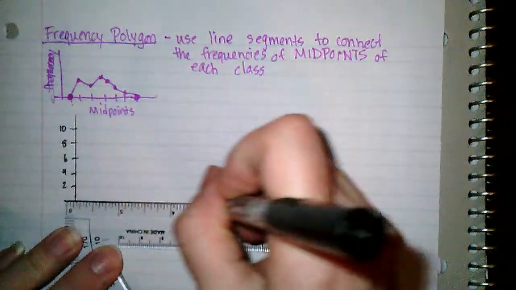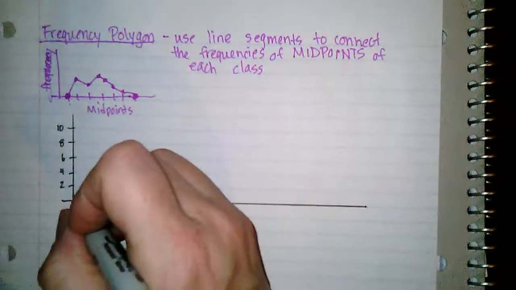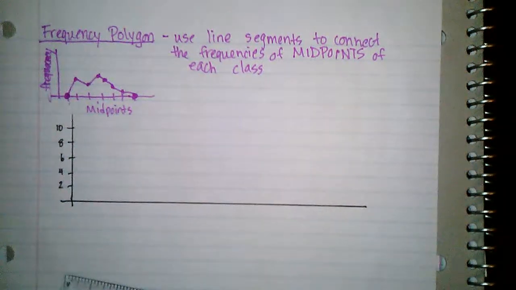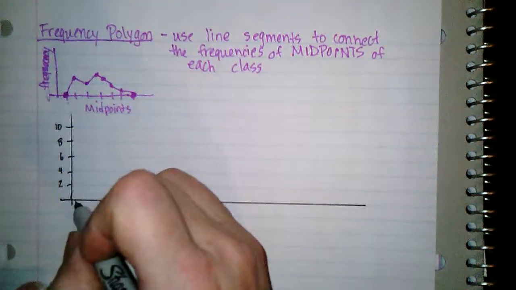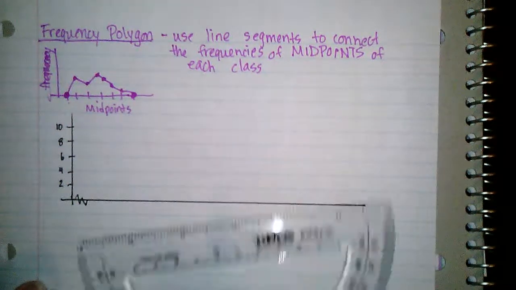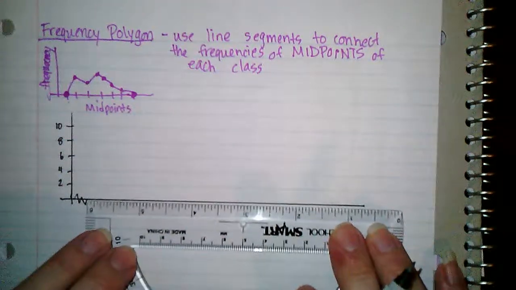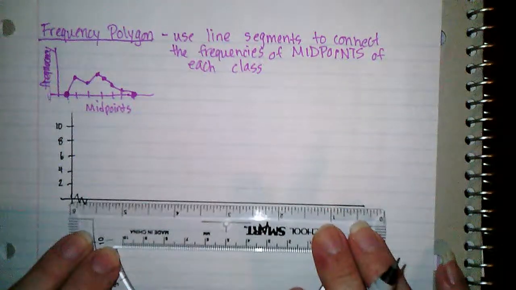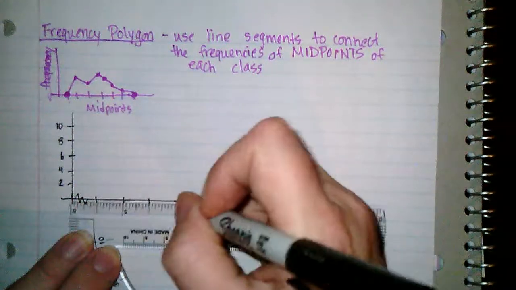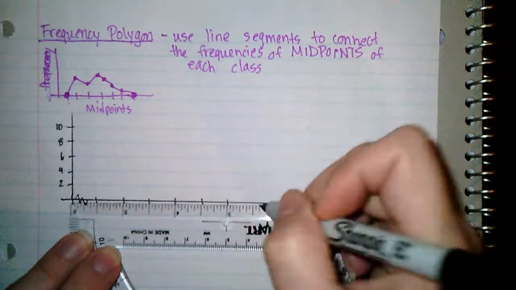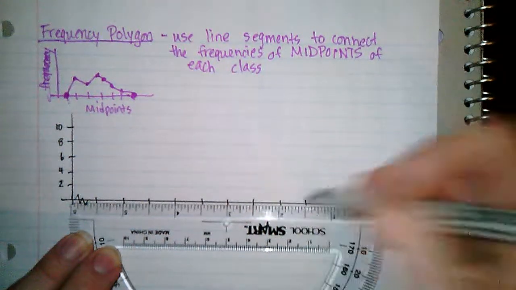Now, since we had 7 classes, we had 7 class midpoints. But remember, we have an extra at the beginning and an extra at the end. So we are going to need 9 tick marks. 1, 2, 3, 4, 5, 6, 7, 8, 9.